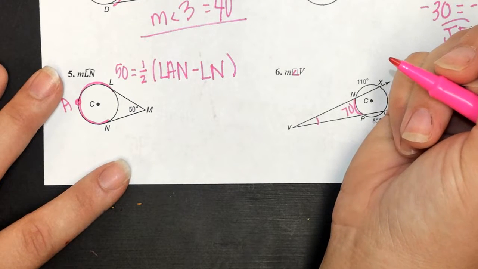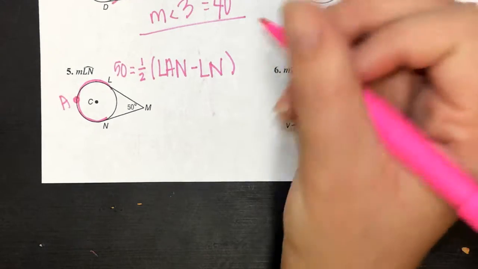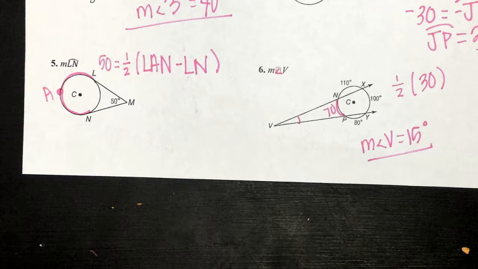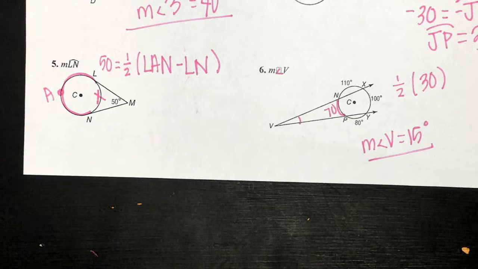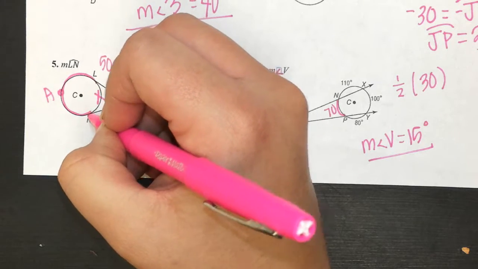Well, how many degrees is LAN? How many degrees is LN? So isn't LN, let's call LN X. LN is X. Well, isn't LAN 360 minus X? Think about it. If this is X, isn't LAN 360 minus X?